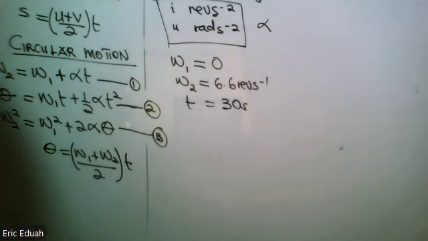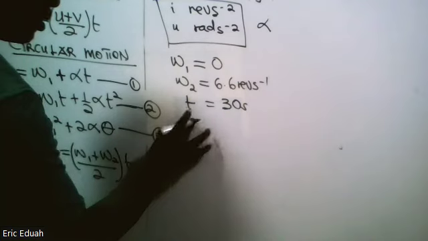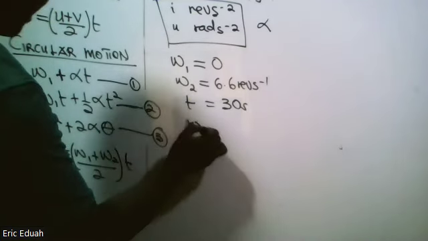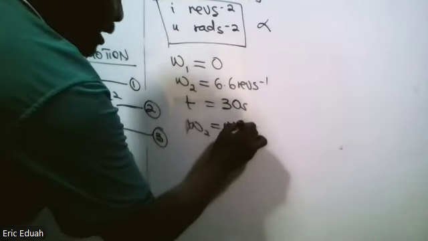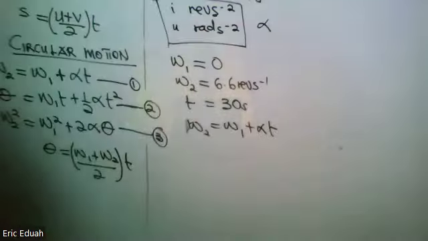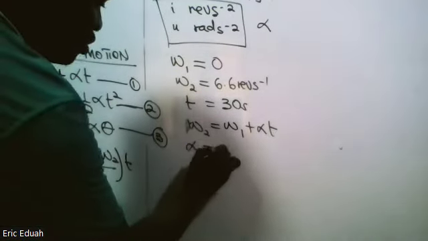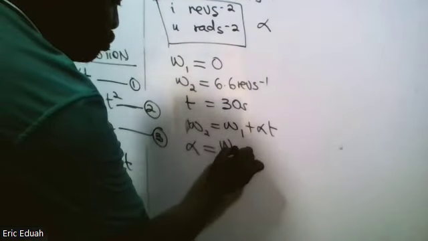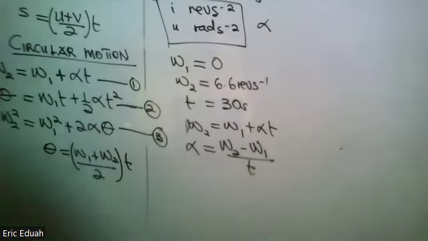So out of the equations, the obvious one is equation 1. Equation 1 is omega 2 is equal to omega 1 plus alpha t. Alpha therefore is equal to omega 2 minus omega 1 over t.